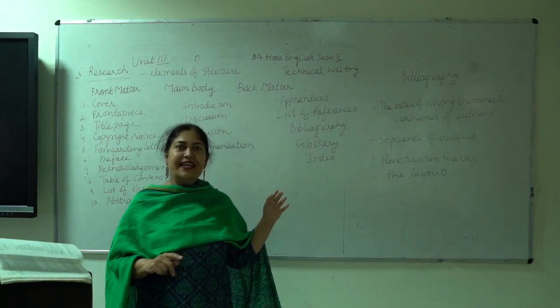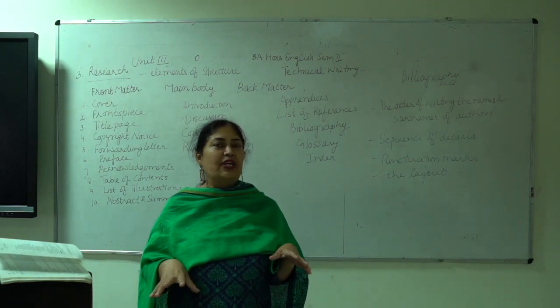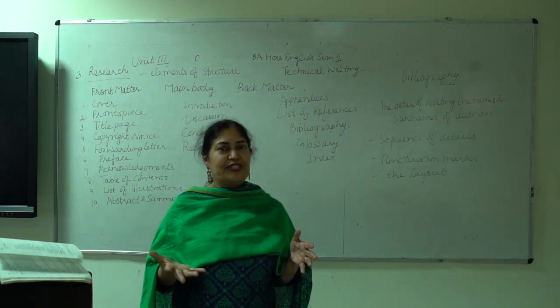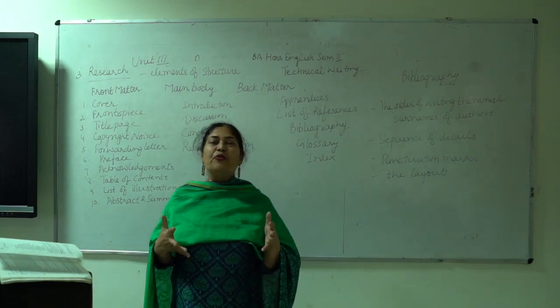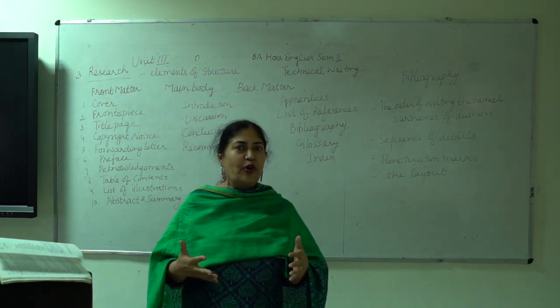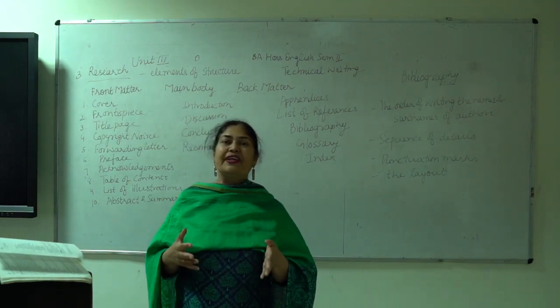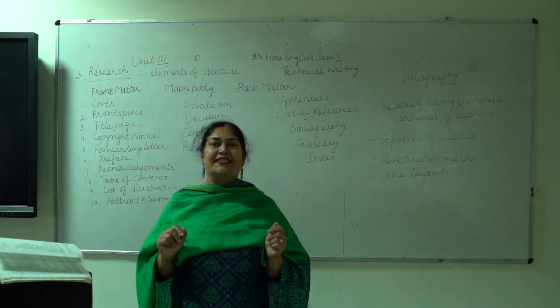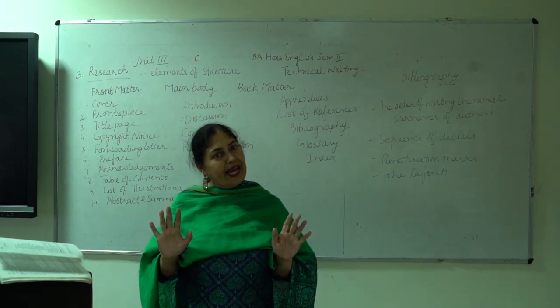Listen to this lecture as well, and you will have to make an assignment on what is research, what all material you have to include when you are writing a report on the research, and what is the difference between bibliography and references. It is compulsory for everyone.